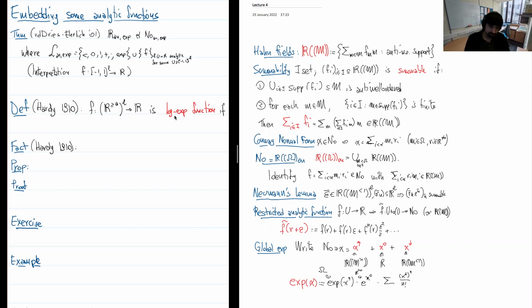A log-exp function, or logarithmic-exponential function, is a composition of exp, log, and algebraic functions, algebraic in several variables, which basically means you can invert polynomials and so on.